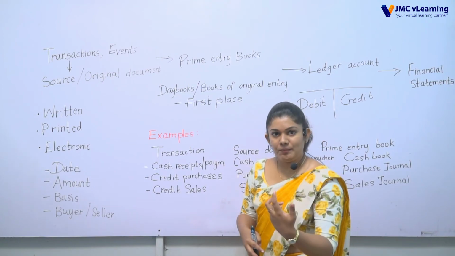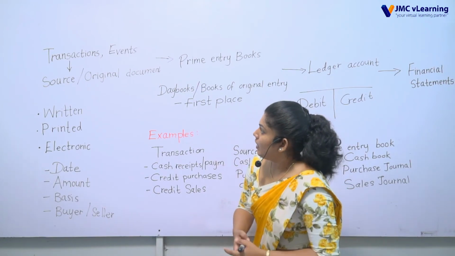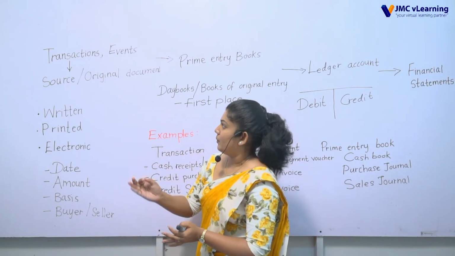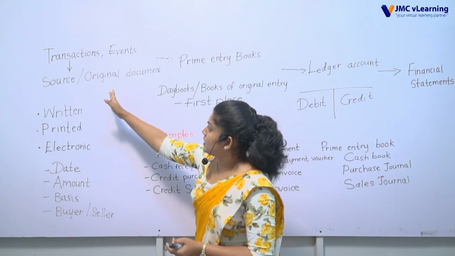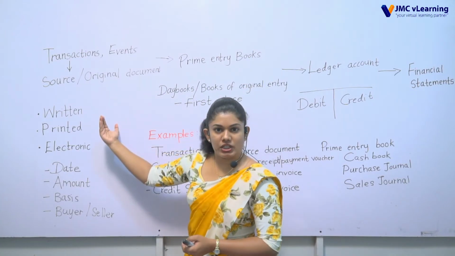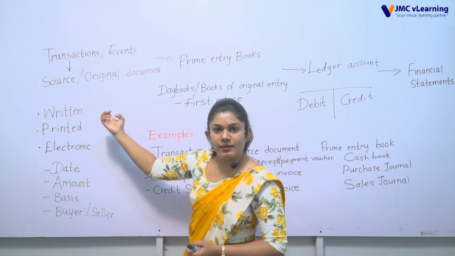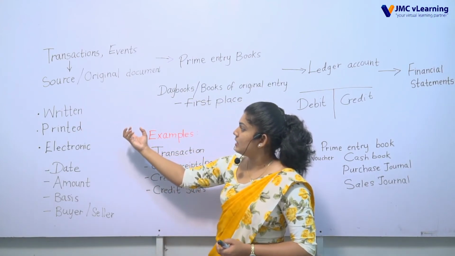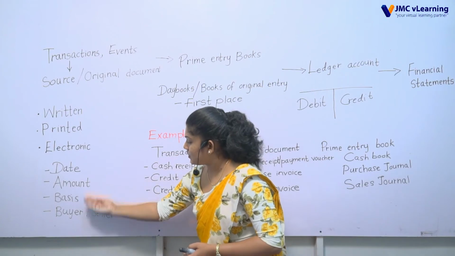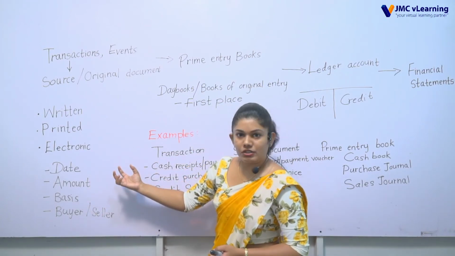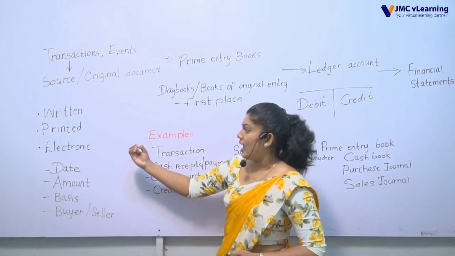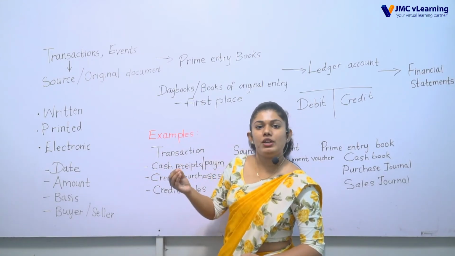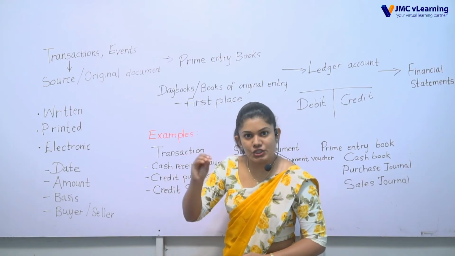Now we'll see from the beginning. Transactions and events take place. Because of that, a source document or an original document is generated. From that source document we have the basic information about the transaction. We have to provide all the relevant information to stakeholders to make a decision.